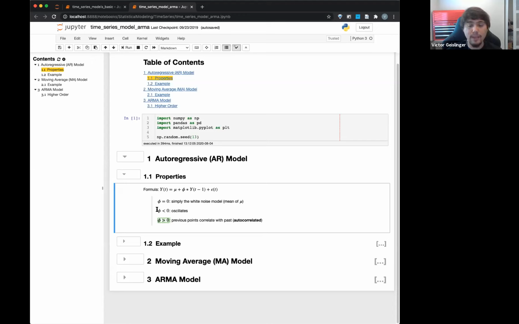If phi is smaller than 0, a negative number, then it's kind of weird when you think about it. It still depends on the previous one, but it wants to flip over. So let's say, for example, our y of t minus 1 is 10 and our phi is minus 1. Then our new y of t is going to be minus 1 times 10, so minus 10, plus whatever random noise we have, maybe mu.